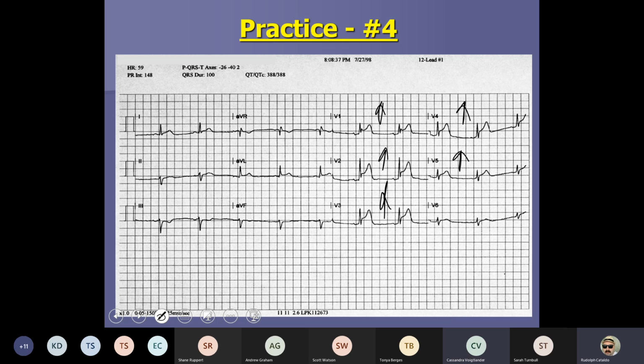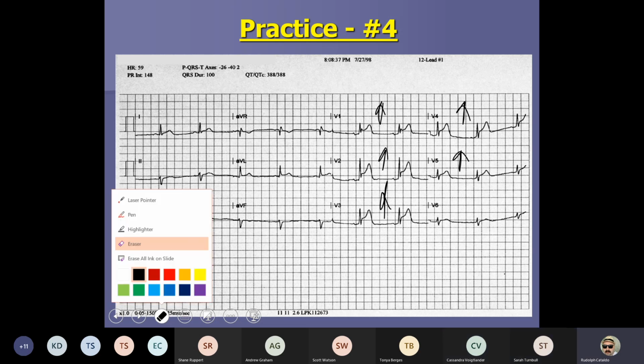I would agree. You've got lateral involvement because of V5. So if I have anterior, septal, and lateral, somebody tell me what kind of heart attack that is potentially. Is that the Widowmaker? That is a Widowmaker. Whenever I have all three vessels on the left side potentially involved, I have a Widowmaker.